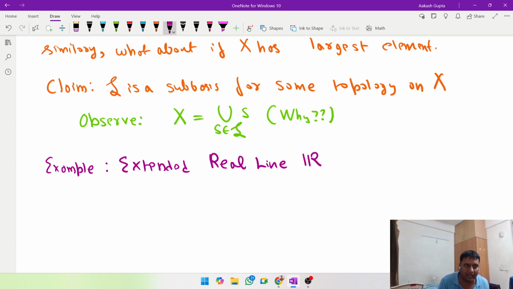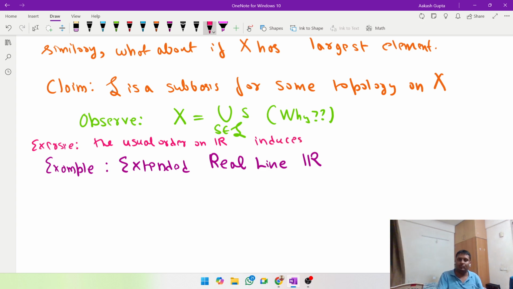So I want to give an exercise here, which we have already done above. Exercise: the usual order on R induces the same topology as on the real line, the Euclidean topology on R.